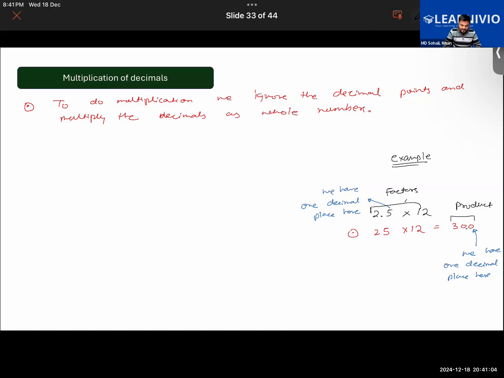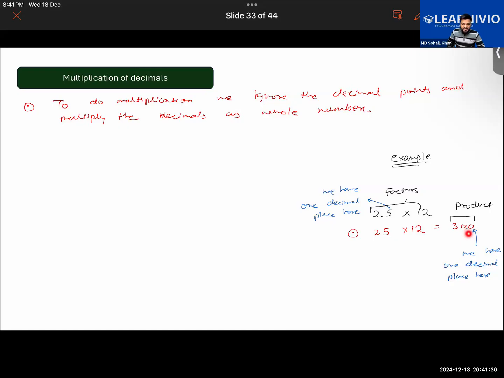So first step is that you have to do the normal multiplication, ignoring that it is a decimal. You multiply 25 by 12 and you get the product as 300. Then you have to count the total number of decimal places. Decimal place means how many digits are there after the decimal point. There is just one digit, so we have only one decimal place. In the product, you have to make sure that the product also has one decimal place.